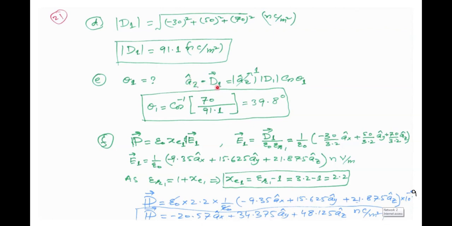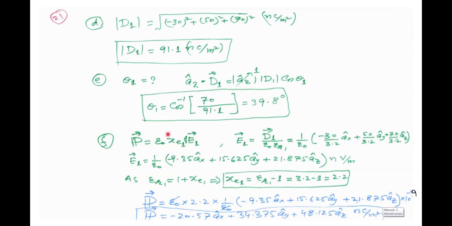So AZ dot D1 is equal to AZ magnitude times D1 magnitude cosine theta 1. Simplifying this, finally we obtained 39.8 degrees. This is the angle between the D1 field and the unit normal to the interface.